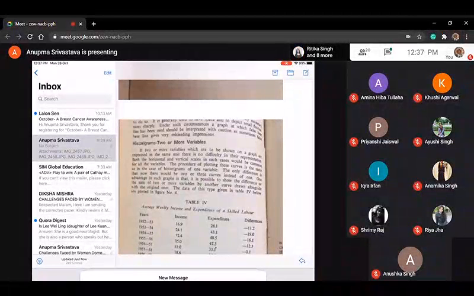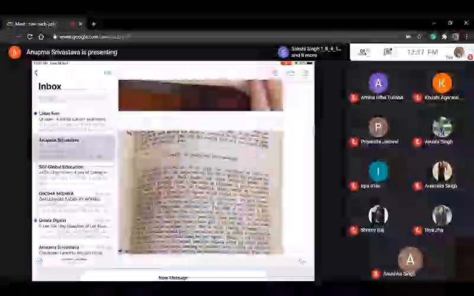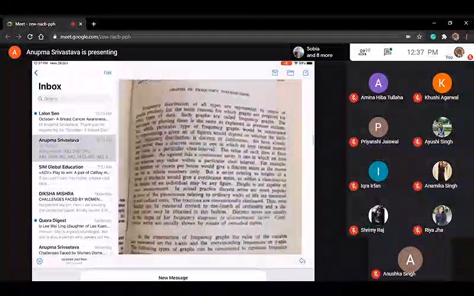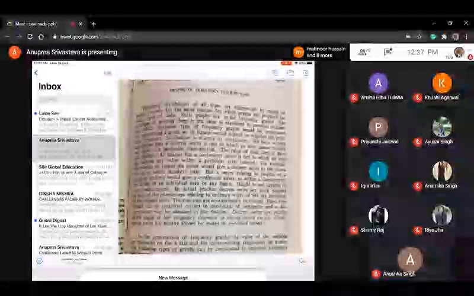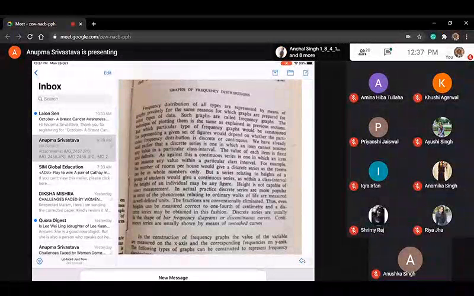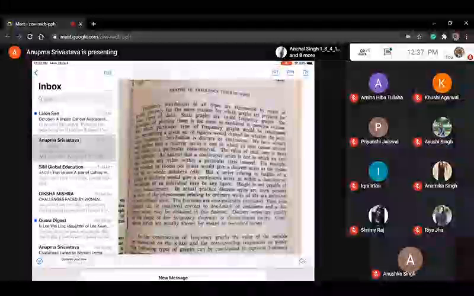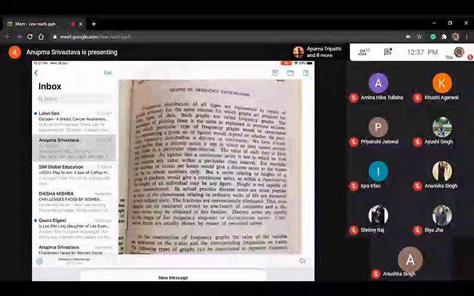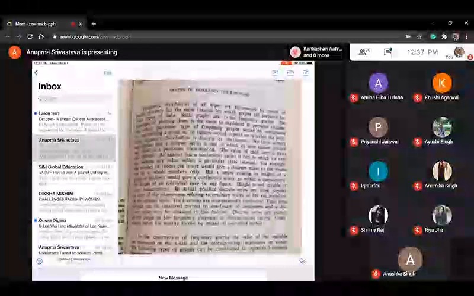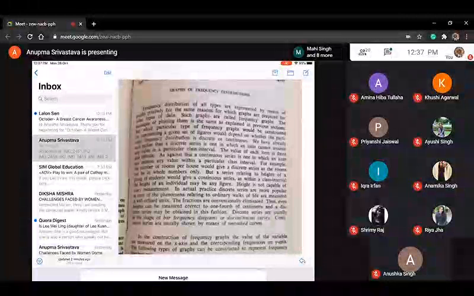Now after this, the important graph which you have to do is graphs of frequency distribution. Now, when we talk about graphs of frequency distribution, that means we talk about the discrete series or a continuous series in this case. Now, if you read these lines, frequency distribution of all types are represented by means of graphs precisely for the same reason for which graphs are prepared for other types of data.